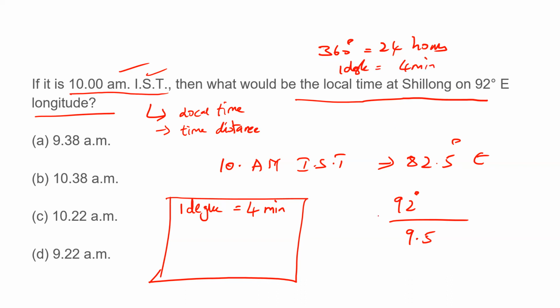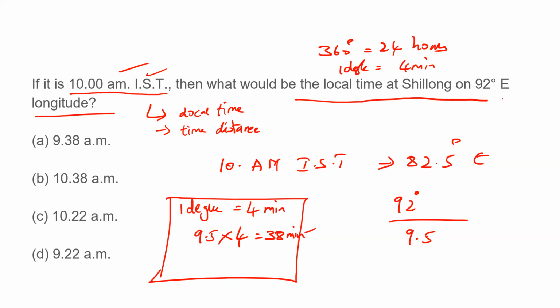With that, calculate the time difference. 9.5 into 4, how much would it be? 10 into 4 is 40. 9 into 4 is 36, so somewhere in between, about 38 minutes. So 38 minutes is the difference.